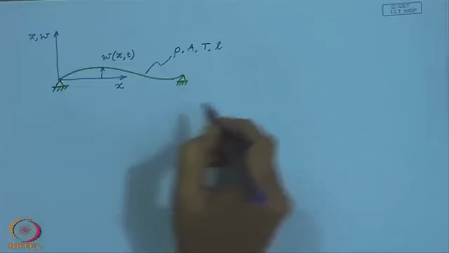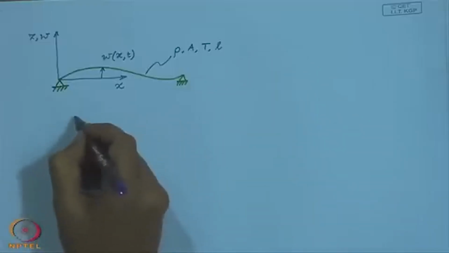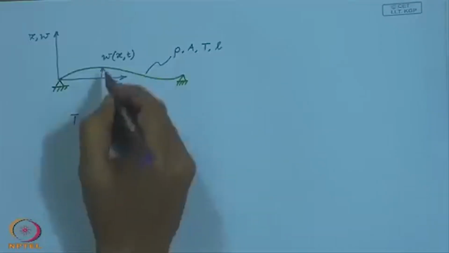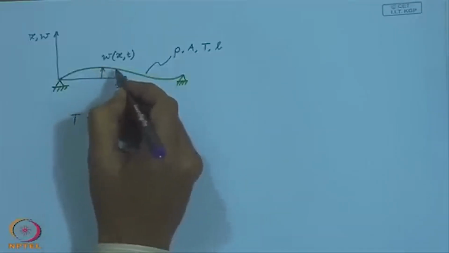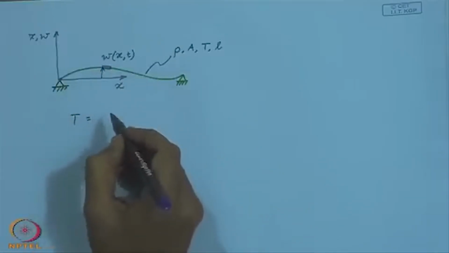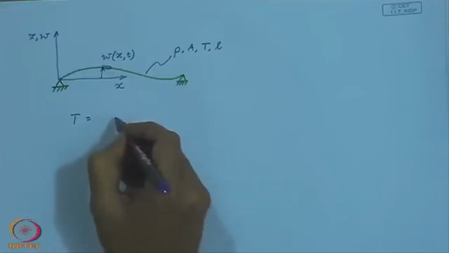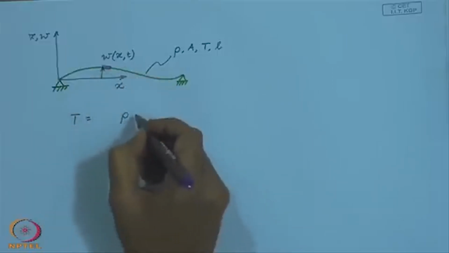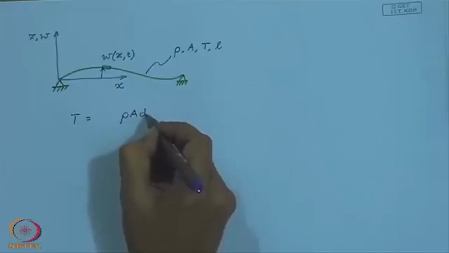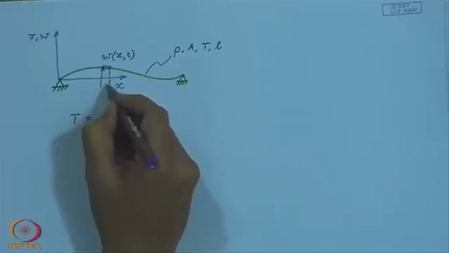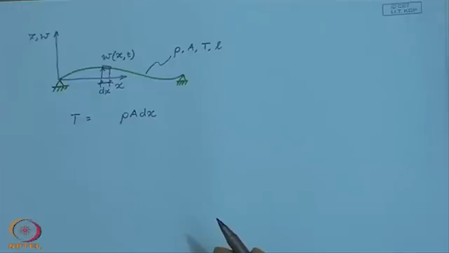So, what is the kinetic energy of this string? If I consider a small element of this string, at a certain location x, then the mass of this little element is rho A dx, where dx is the length of this infinitesimal element.